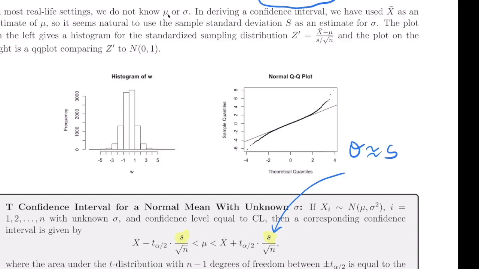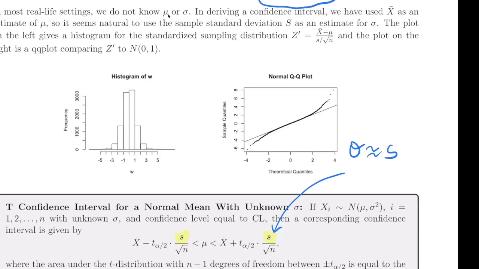But although that's an unbiased estimate for sigma, it introduces some additional variability into the estimate. And so when we actually look at a sampling distribution, the distribution is no longer normal.